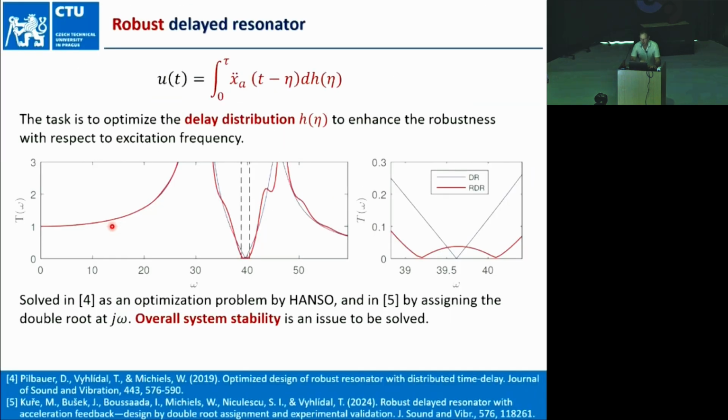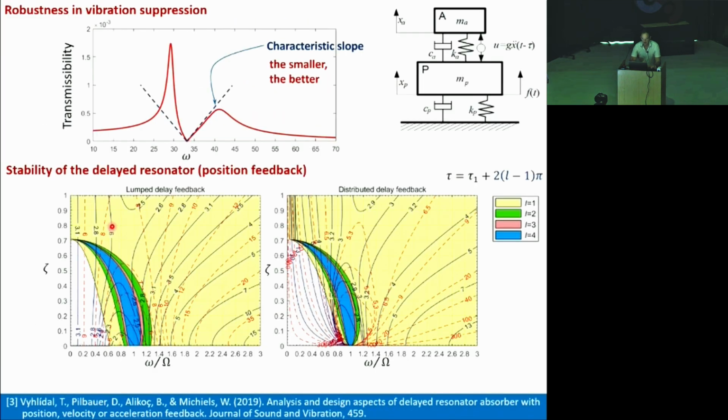Okay, the second thing is that we actually suppress the vibration pointwise. We put only a single pair of roots on the imaginary axis. When we look at the transmissibility on the Bode diagram, it causes a pointwise vibration suppression.